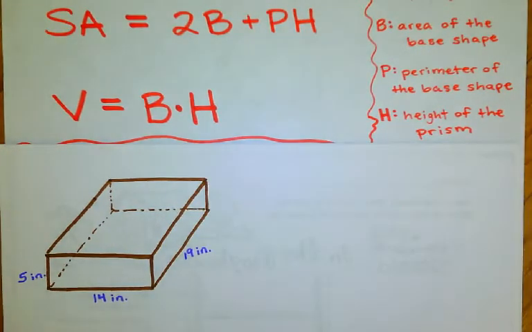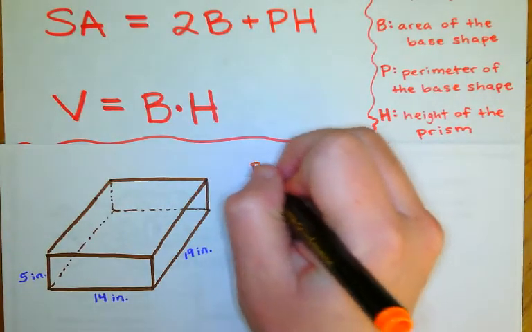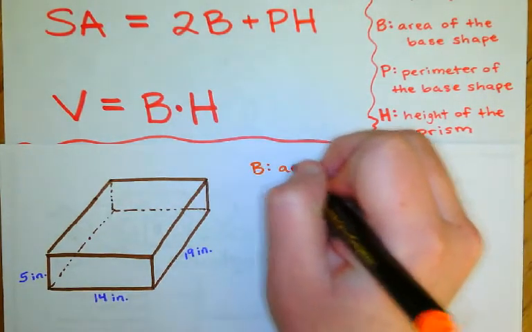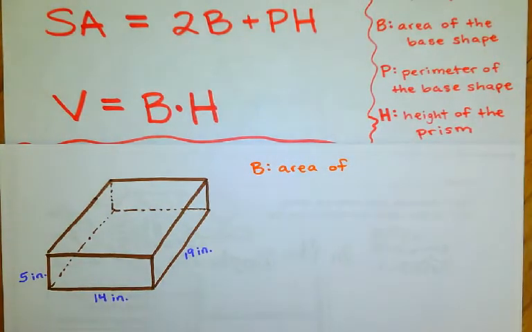19 inches. Again, I suggest finding your B, P, and H first, and then taking those numbers and just plugging them into your formula for surface area and volume. Alright, so our B is going to be the area of, what is your base shape?